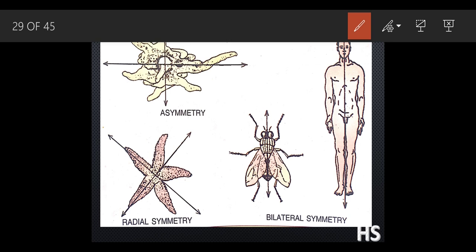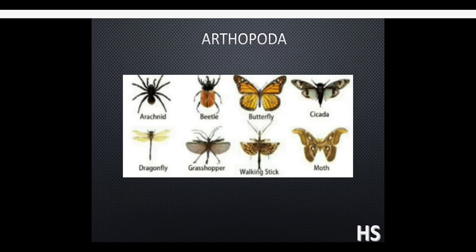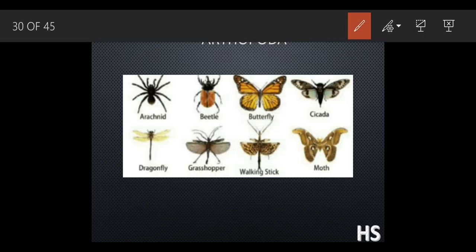Let's understand this concept now. Mollusca. This phylum includes many animals like snail, slug, oyster, octopus. All these animals are included. What do you mean by Mollusca? Mollusca means organisms which have soft bodies.